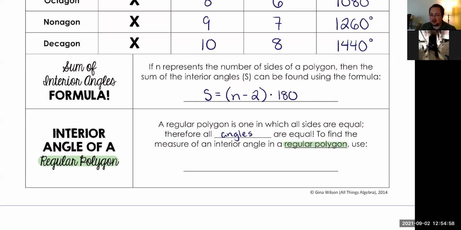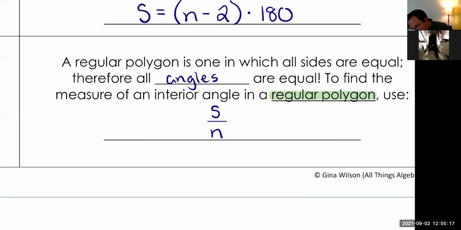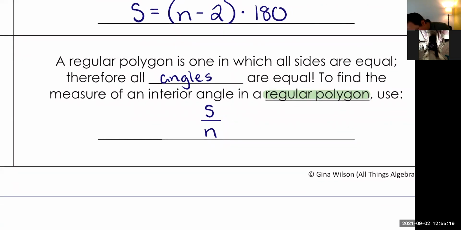So what that allows us to do is to find the measure of one of those interior angles. Since they're all the same, we just need one. We can use the formula S from up above, the total sum, divided by the number of sides. If that doesn't make sense, underneath here I'm going to write a little note for it. This is just the sum of interior angles divided by the number of sides.